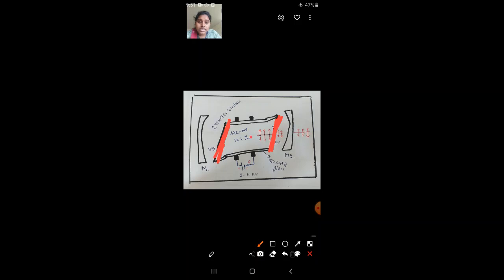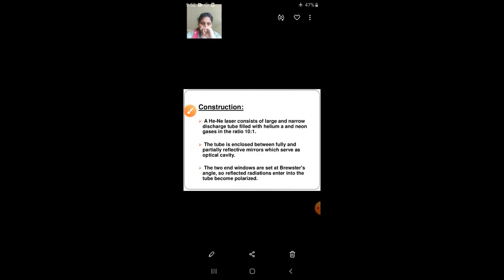That means in this case some particles vibrate in the perpendicular direction, and some particles vibrate in the parallel direction. So that is why this angle exists between the plates, the Brewster windows. That is the Brewster angle. The reflected radiations entering the tube become polarized.